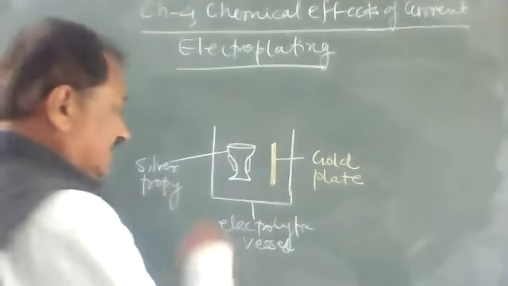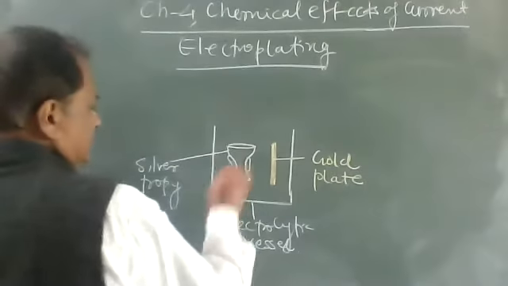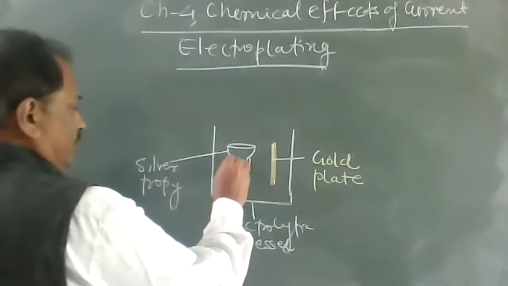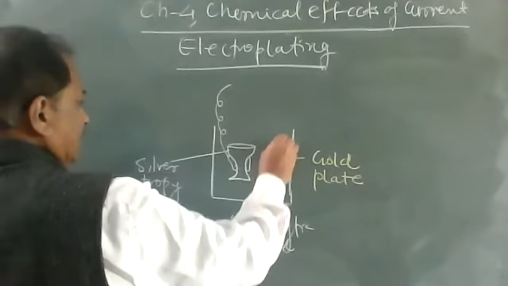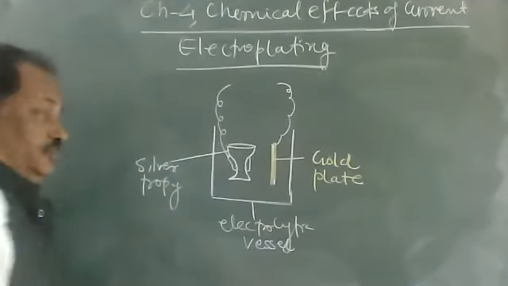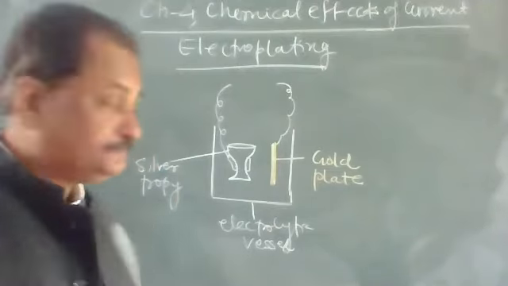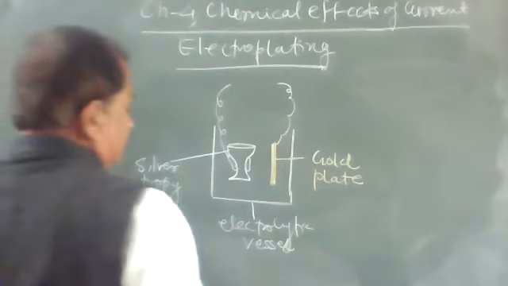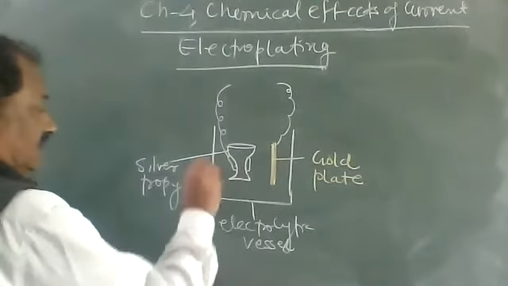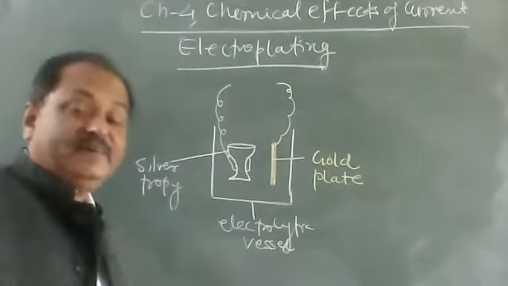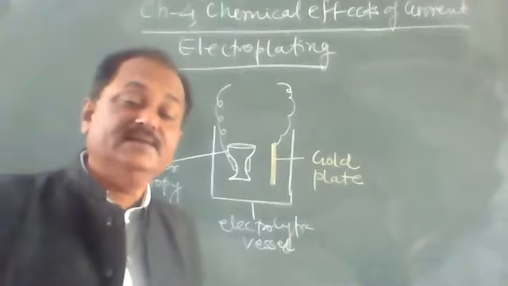And there are the connections. So here this silver trophy has to be connected to the battery, and the gold plate is also connected, but they are connected separately to separate terminals. The battery has positive and negative.